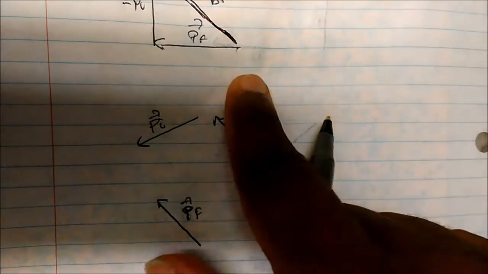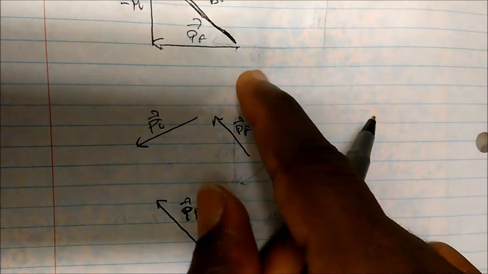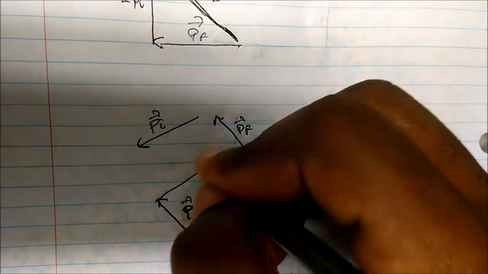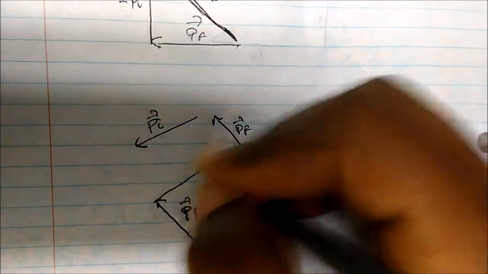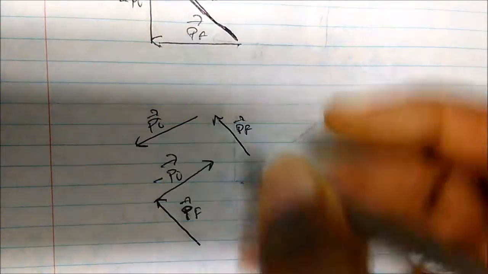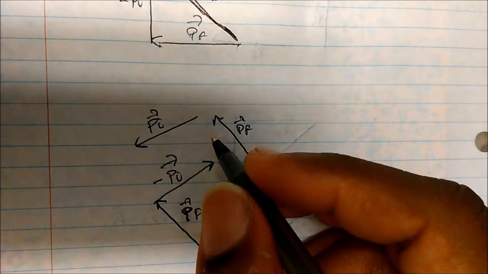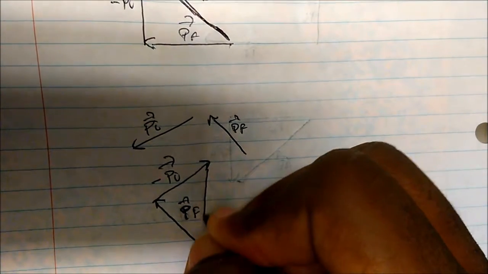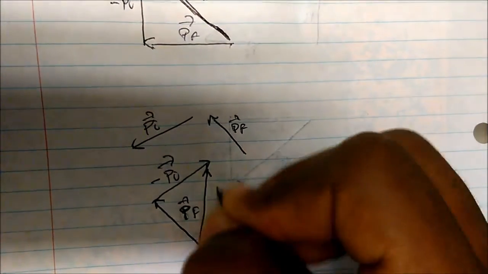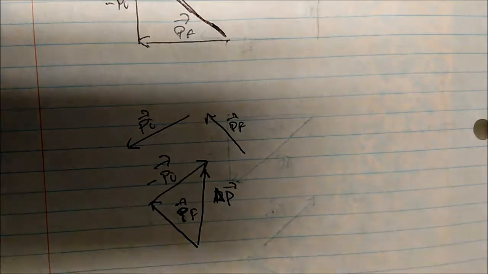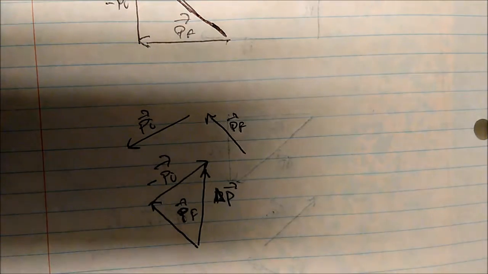We take the negative direction of P initial and stick the tail at the tip of P final. So it looks something like this. So this would be negative P initial. And the new vector is from tail to tip, so it goes straight up. So this would be the change in momentum, or the net impulse applied to the object in that direction.